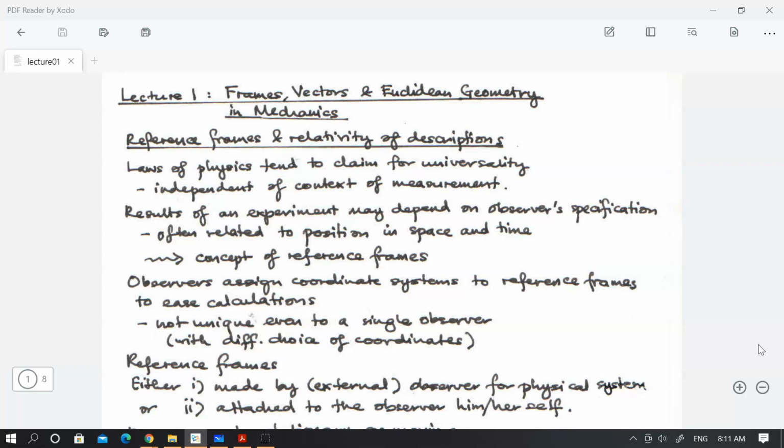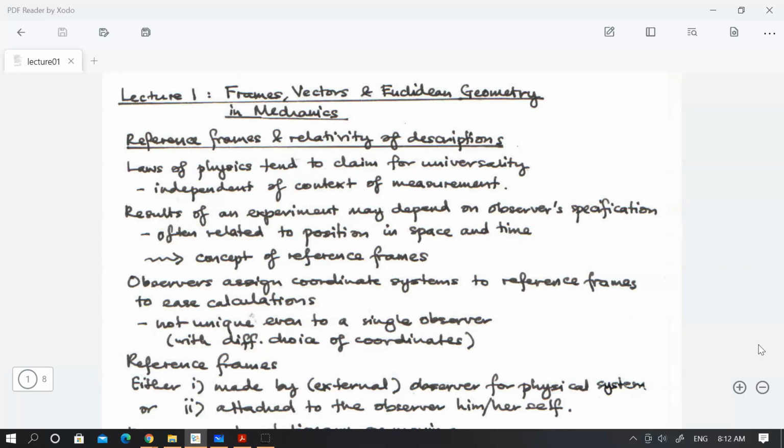So again, the results of a particular experiment, of course, will have to depend on the observer's position, the specification of the observer. And this is normally with respect to the position in space and time. So one has to always remember when you see a physical result, there is a reference frame coming in.